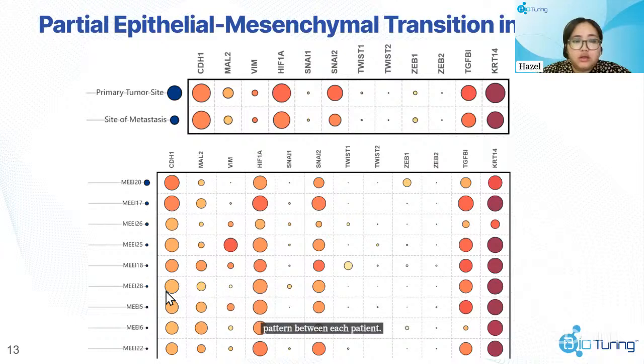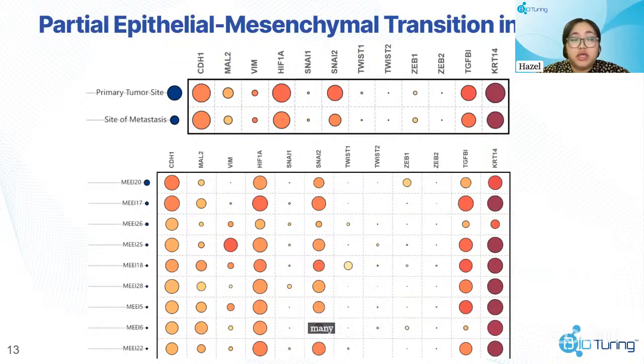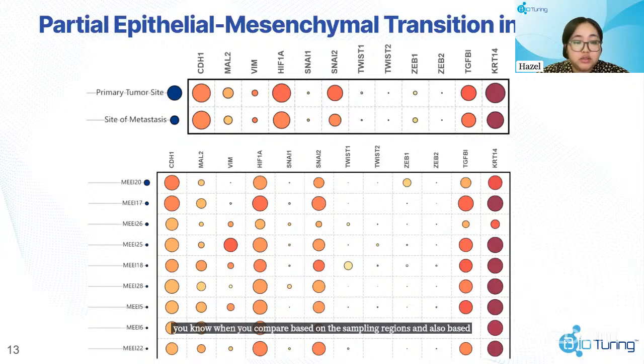Okay. So basically what we are doing here is trying to perform gene expression analysis across many of the EMT marker genes, and we see a very similar pattern when you compare based on the sampling regions and also based on the different patients.